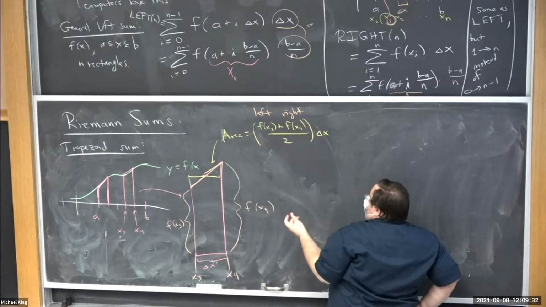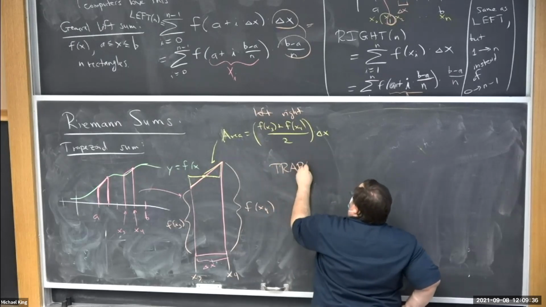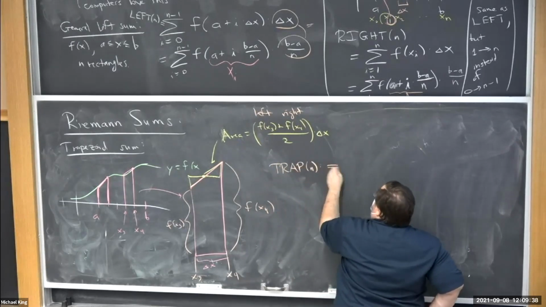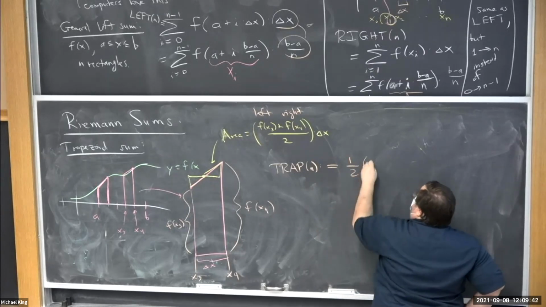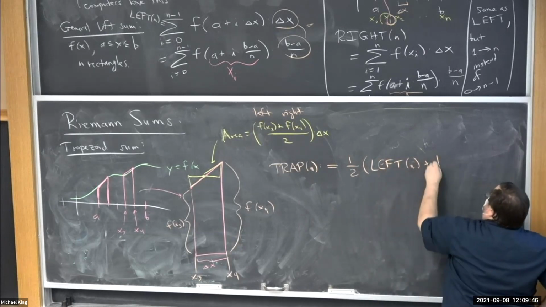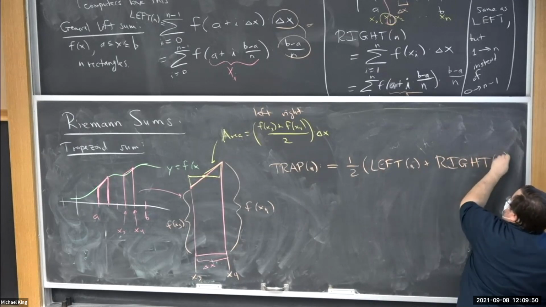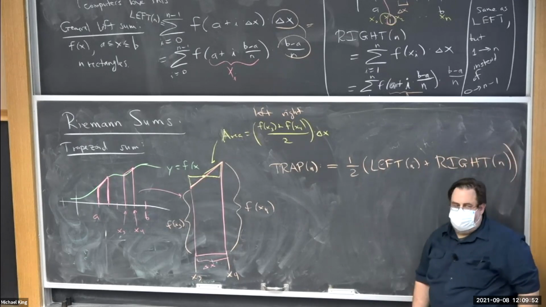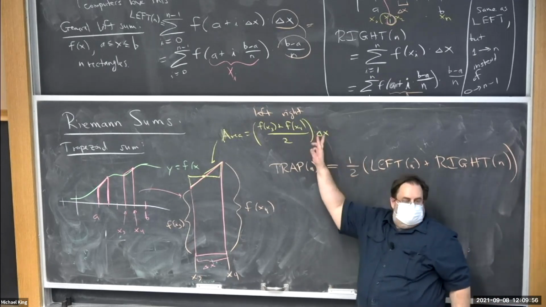And so I claim that the total trapezoid Riemann sum, if we wrote this out, I'm going to call it trap of n. It turns out that it's the average of the left and the right, just because we're averaging the left and right side of each rectangle.